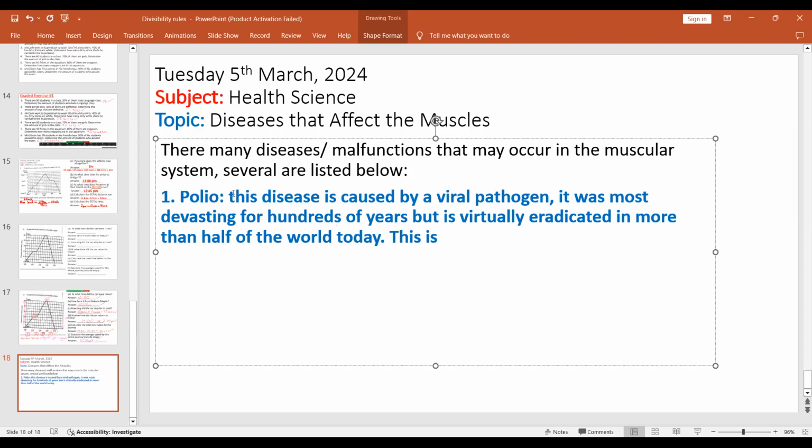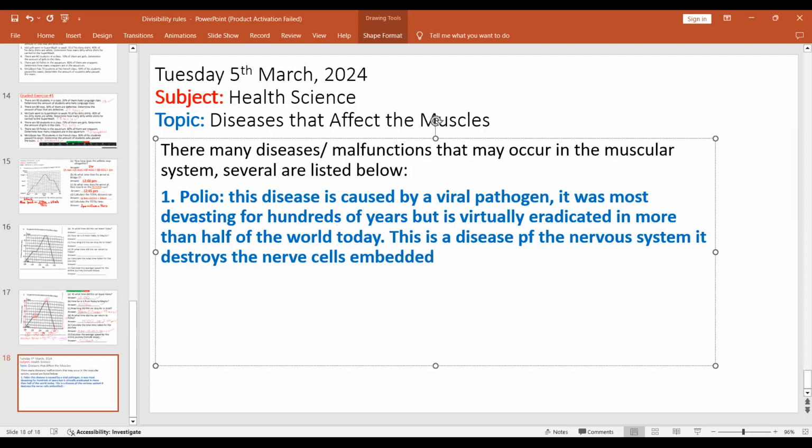So this is a disease of the nervous system. It destroys the nerve cells embedded in the muscle, so that the muscle does not get messages and atrophy.